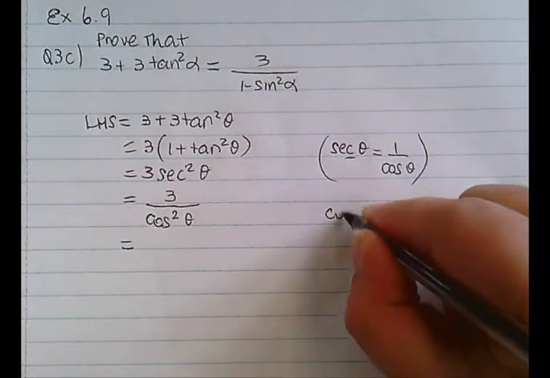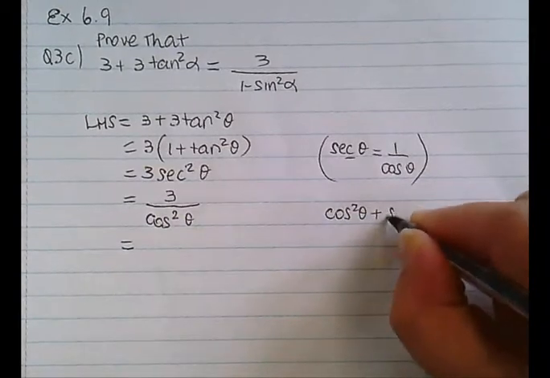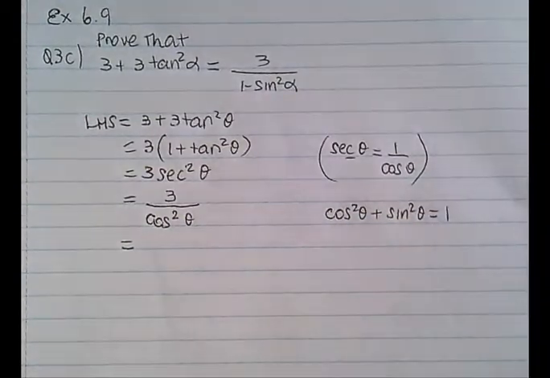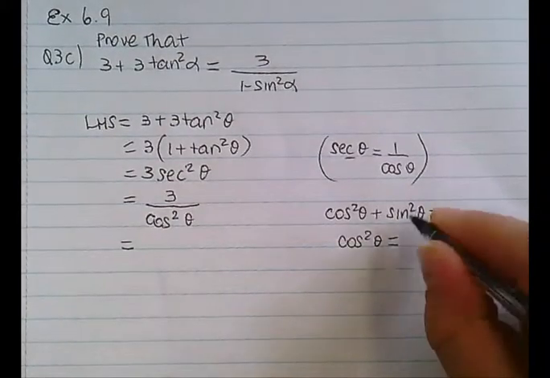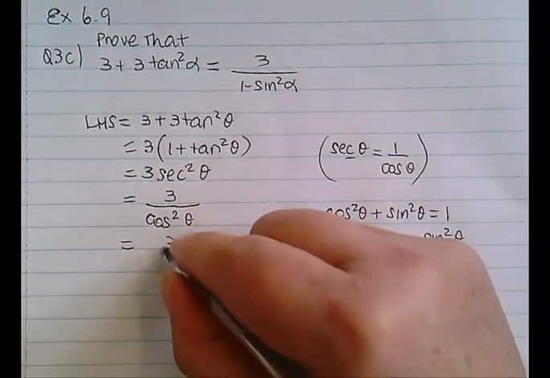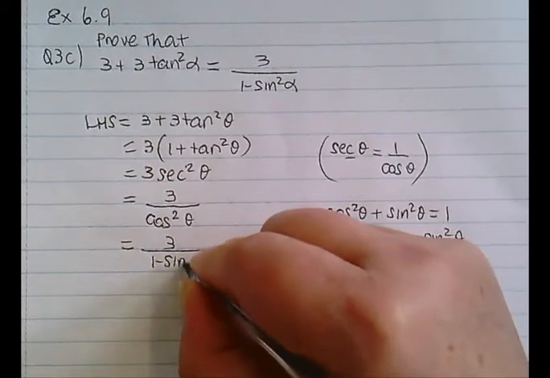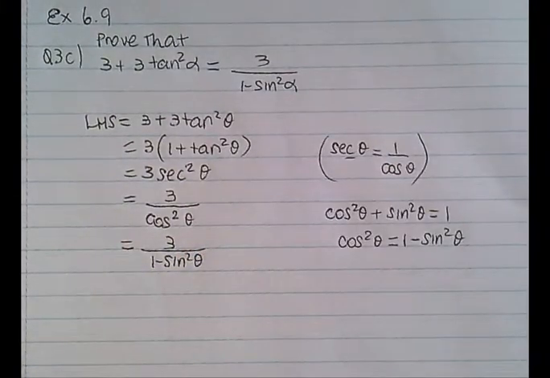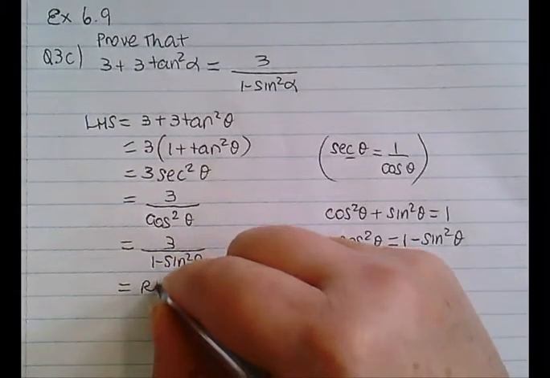So over here we write cos squared theta. You always write it this way first, because please don't try and rearrange it without writing it down. People make mistakes. Cos squared theta is what? 1 minus sine squared theta. So I'm just replacing this cos squared theta with 1 minus sine squared theta. And that equals the right-hand side.